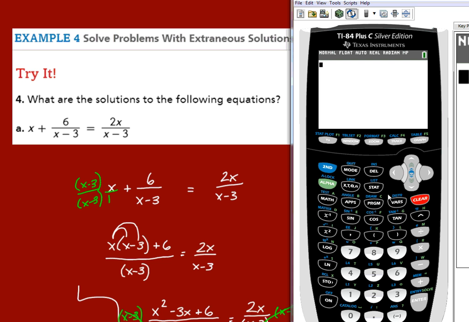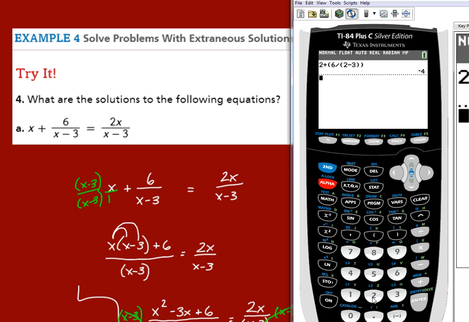Sometimes they don't equal each other. So 2 plus, and one way to do it without the fraction button is 6 divided by, and in parentheses, 2 minus 3. The same thing as what I would have typed in like this. This is this. So we got negative 4. Okay, so if the right hand side does not give me negative 4, 2 is also not a solution.